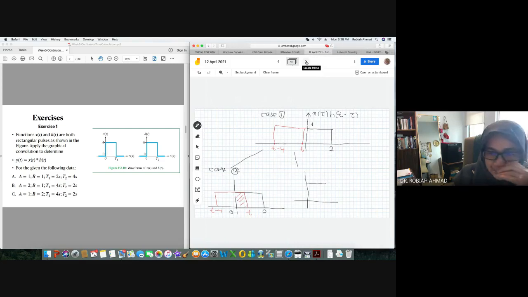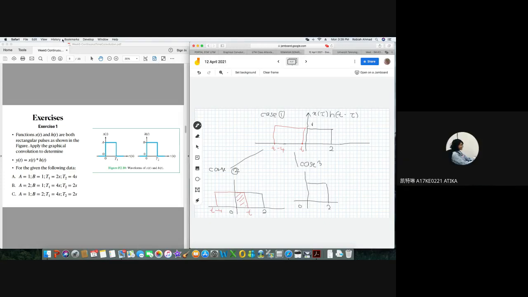So, kita tengok tadi case 2 partial dia baru start di sini. And then case 3 dengan case 4. Doktor, I don't understand case 2. Case 2 tak understand macam mana.